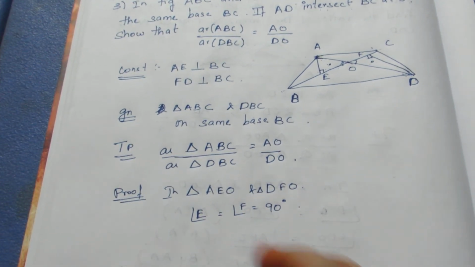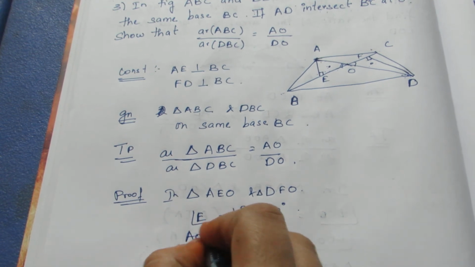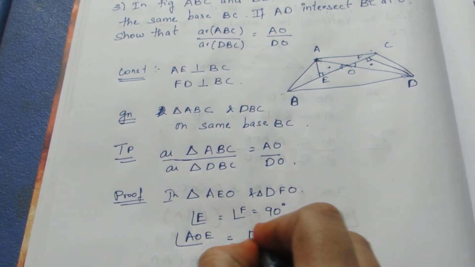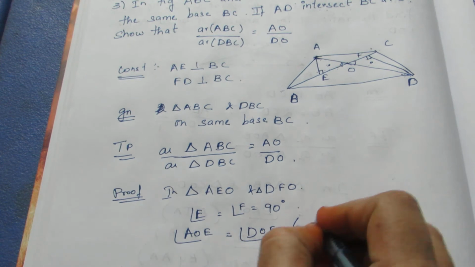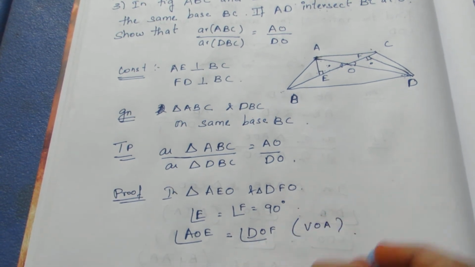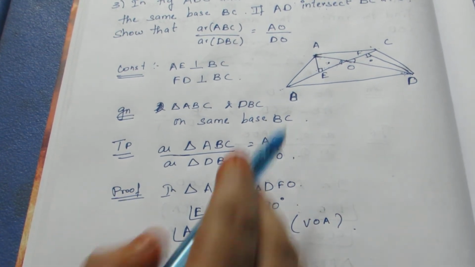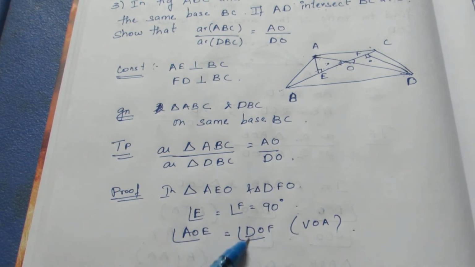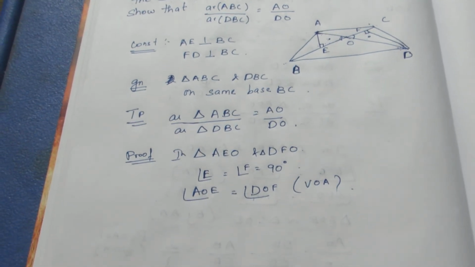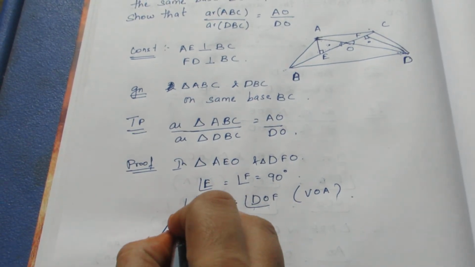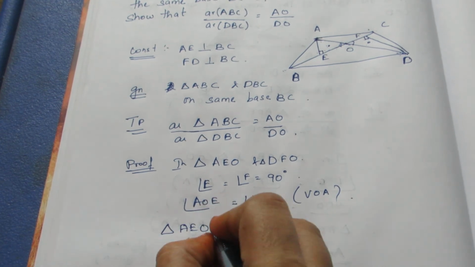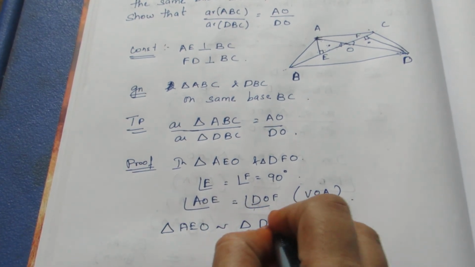In the same way, angle AOE is equal to angle DOF because of vertically opposite angles. Now we can say the two triangles are similar because we have proved two angles are equal. So triangle AEO is similar to triangle DFO.